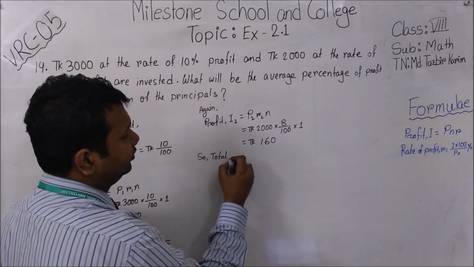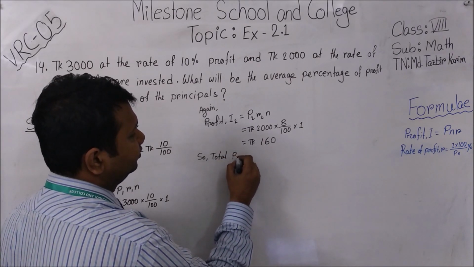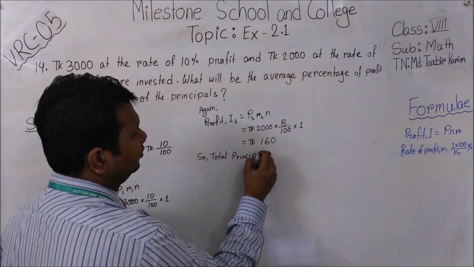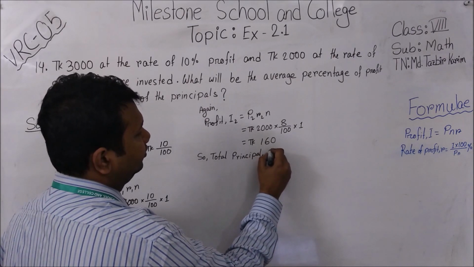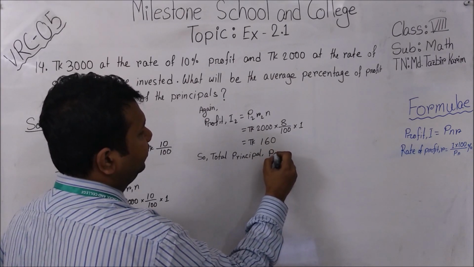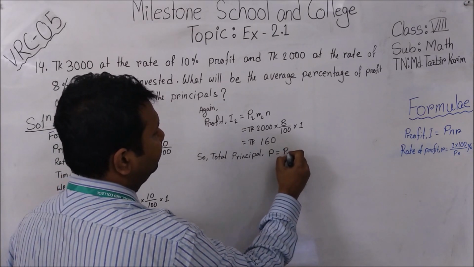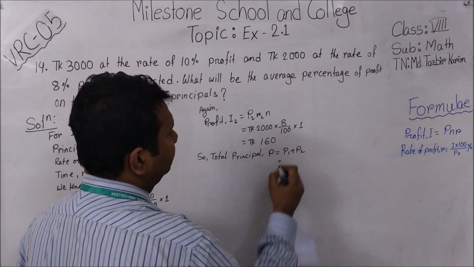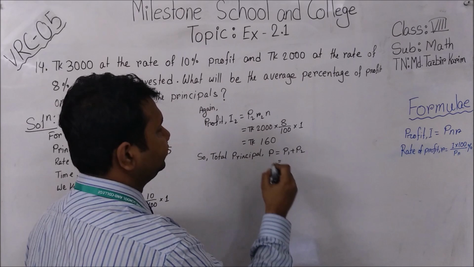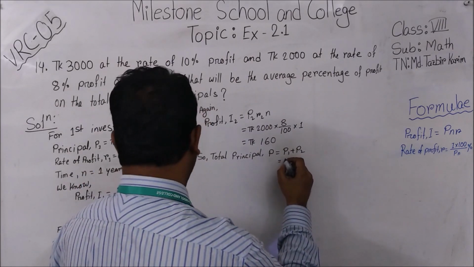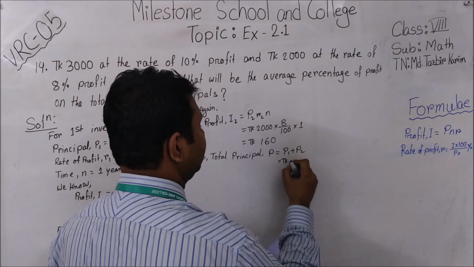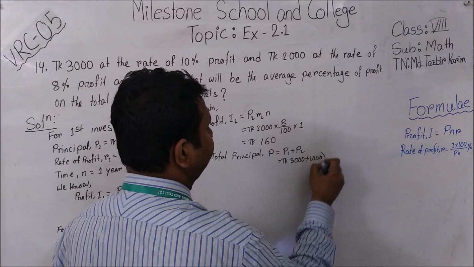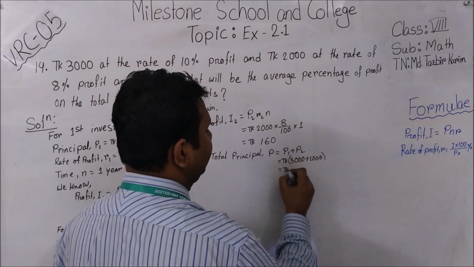Total principal, taka 3000 plus 2000, that equal to taka 5000.